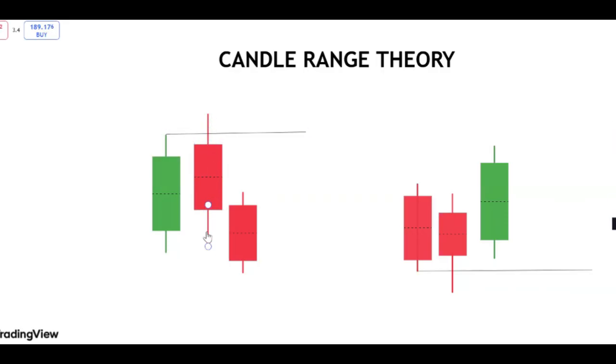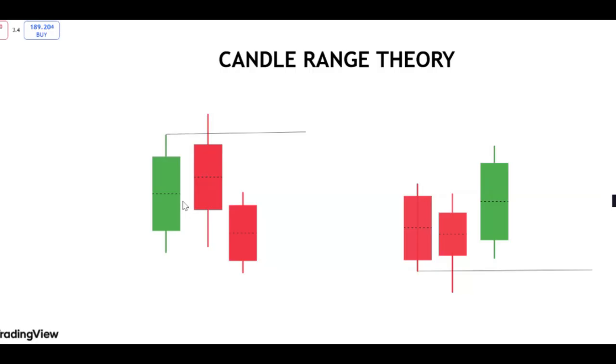If price opens here, trades down first, and then retraces, trades to this point and retraces back, we'll have a bullish candle. But in this case, price opens here, trades to this point, then retraces below the high of the candle, then trades all the way to this point, and then retraces and closes here, which means we have the open here and the close here, then the high and the low of the candle. It doesn't matter the color of this candle. What matters here is price taking out the previous high and then closing below the high, right?